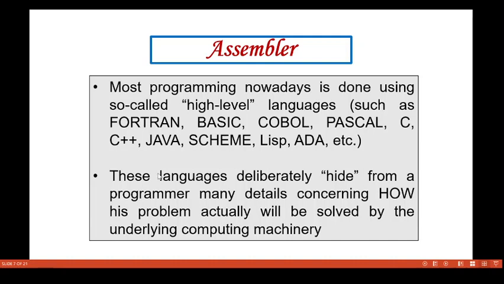And the second point is that these languages deliberately hide from a programmer many details concerning how his problem will actually be solved by the underlying computing machinery, because the programmer only knows the high-level programming languages, but doesn't know what the machine can understand.